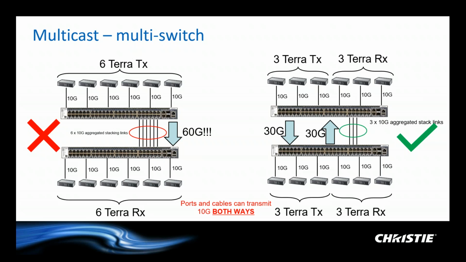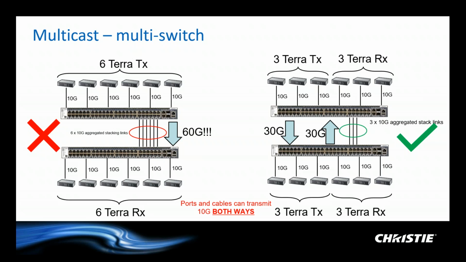For each cable, you've got 10 gigabytes going one way and 10 gigabytes going the other way, okay, for each connector and each cable. So when you balance the TX and the RX between the two switches, as I've done on the right-hand side, the bandwidth required between the switches falls from 60 gigabytes to 30 gigabytes, because you're only ever going to use a maximum of 30 gigabytes going from top to bottom, because there are only 3 TX and 3 RX on the top and 3 TX and RX on the bottom.